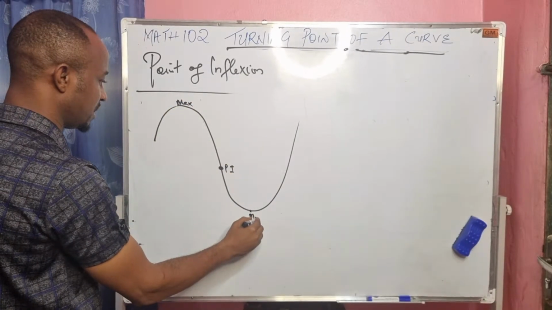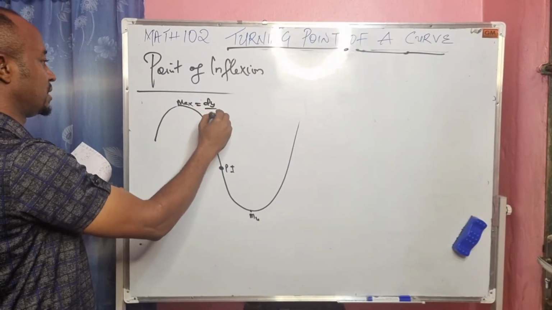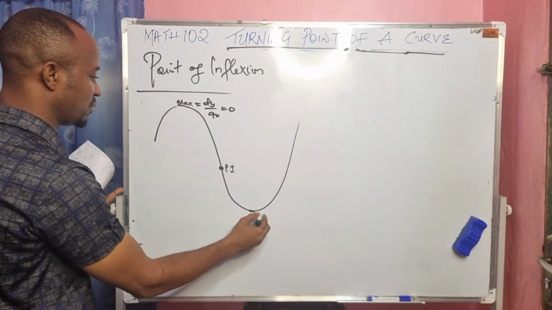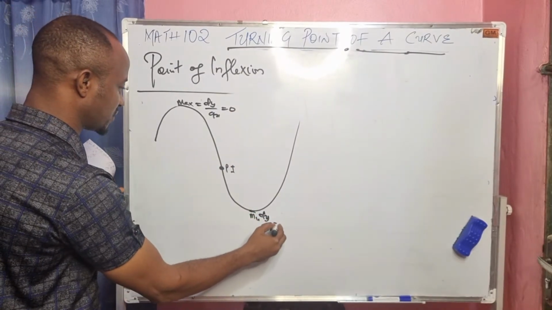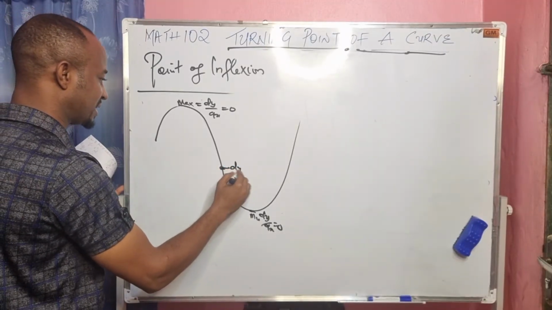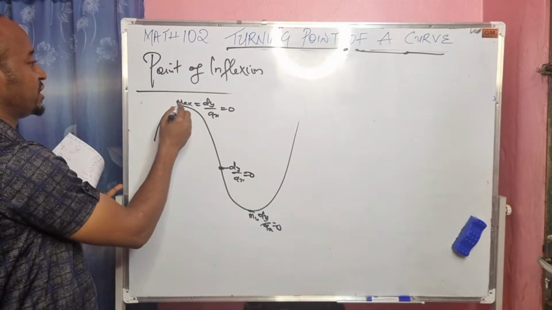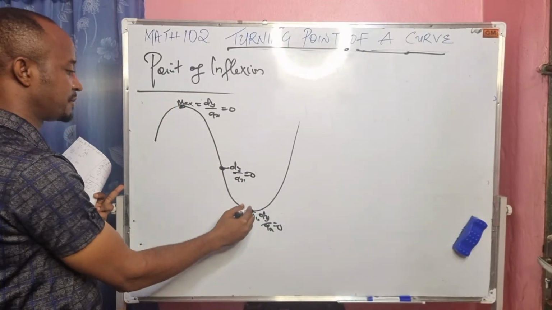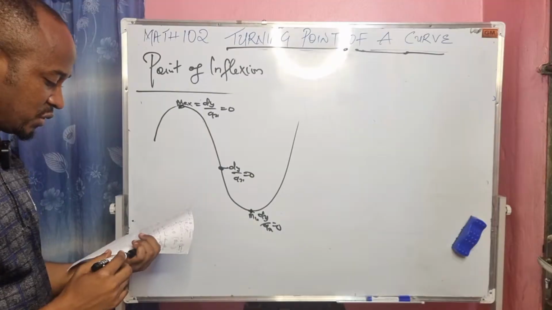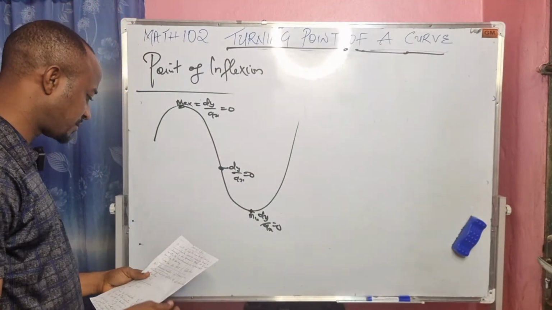We say that at the turning points, dy/dx is equal to 0. Here, dy/dx is equal to 0. At this point of inflection, dy/dx is also equal to 0. Each of these points obeys the first condition, which we refer to as the necessary condition.